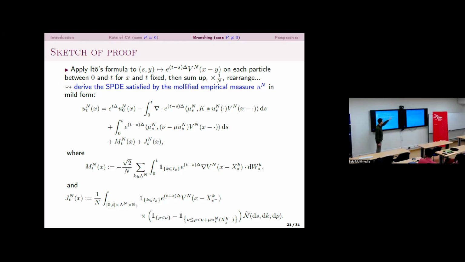That gives me convolution integrals in time, but I have the same thing on Mn and Jn. I have convolution in time here, which means that these are no martingale effects, because you have the time dependence inside. So these are not martingales, so I cannot directly conclude, not so far.